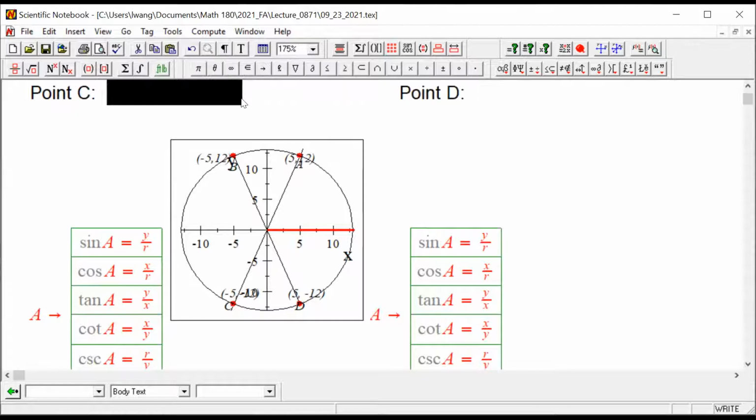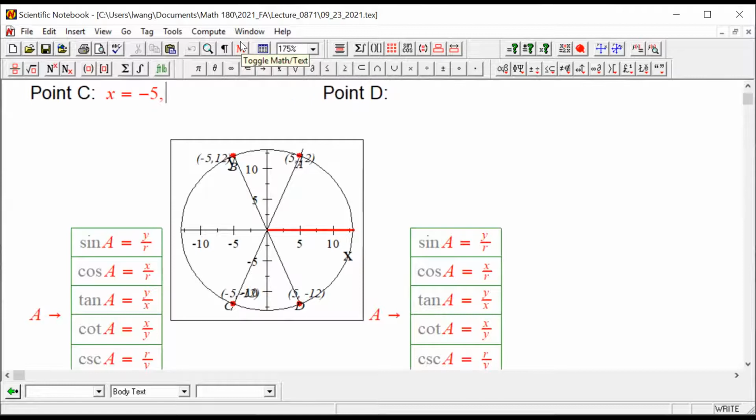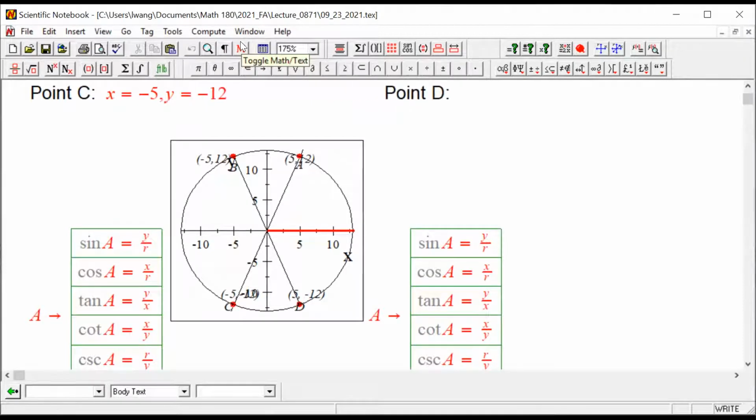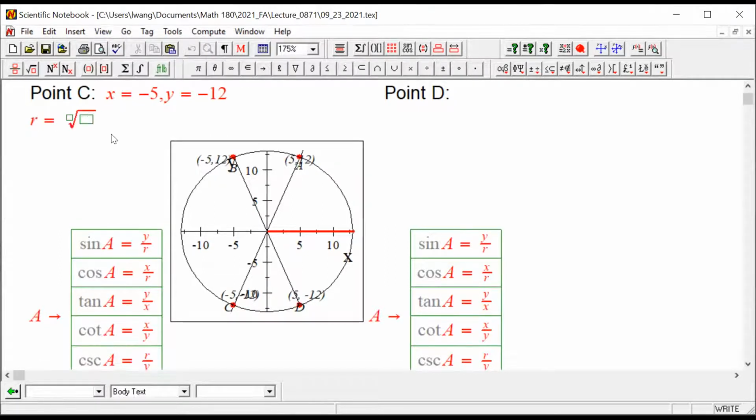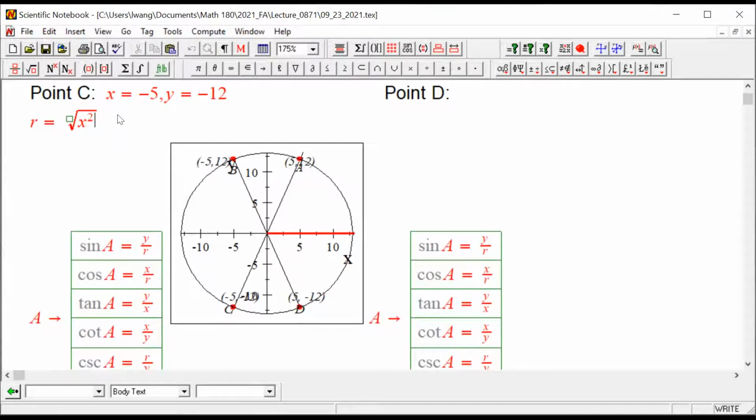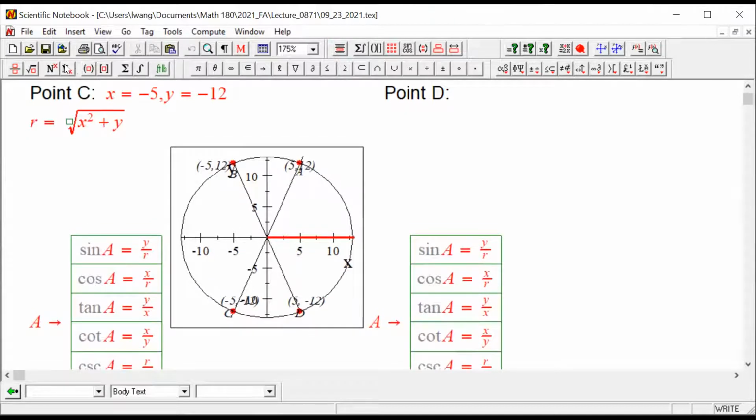So for C point, X is negative 5, Y is negative 12. Okay, so you're gonna find R by plugging in numbers. Please do that. This will be a good practice for you.